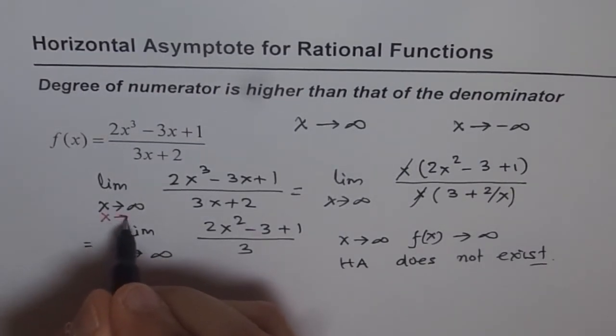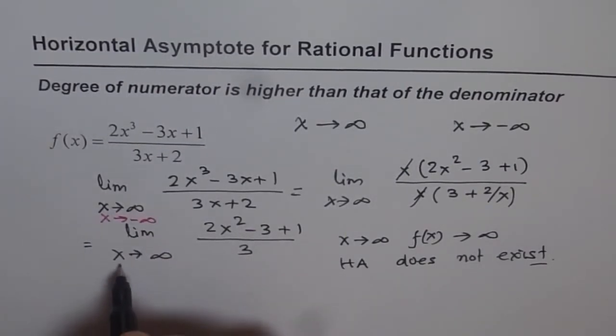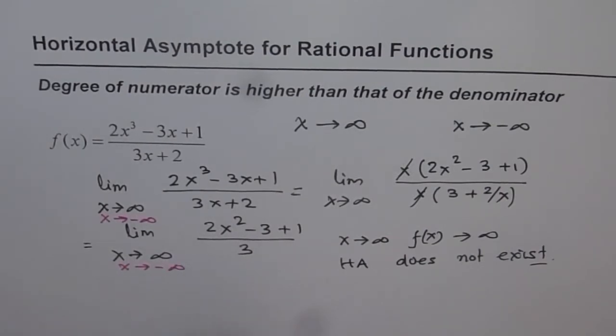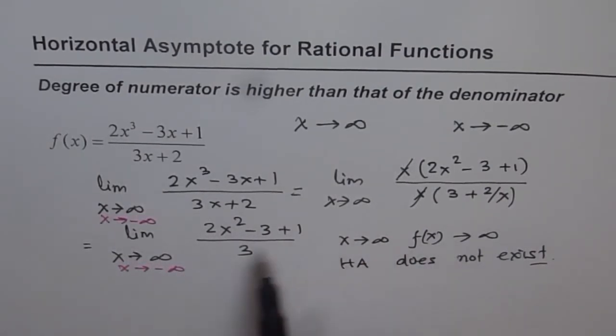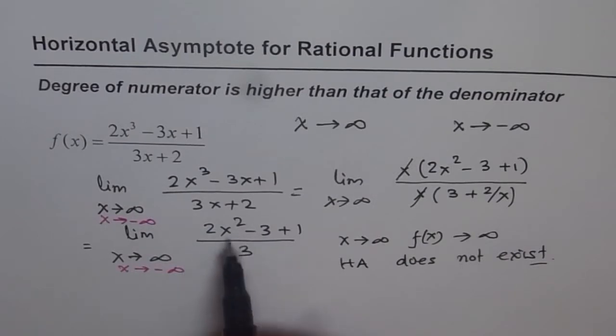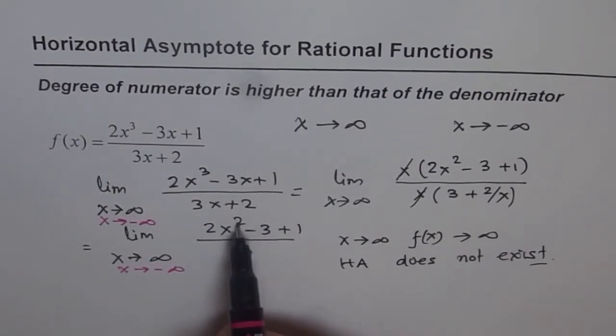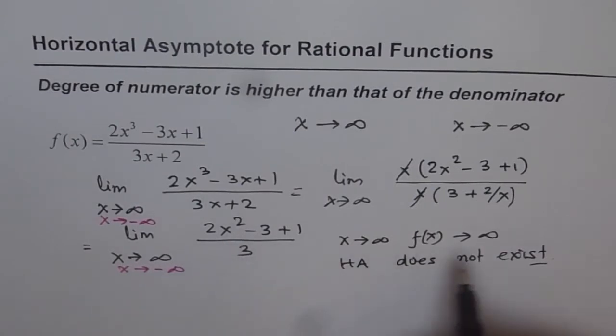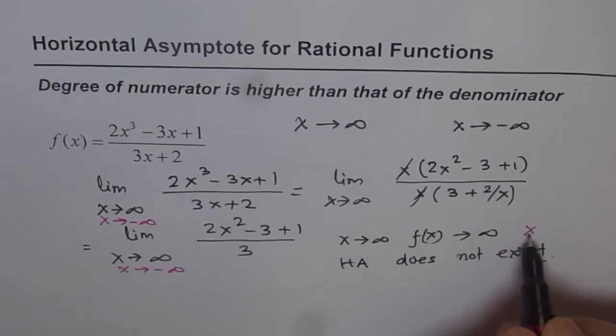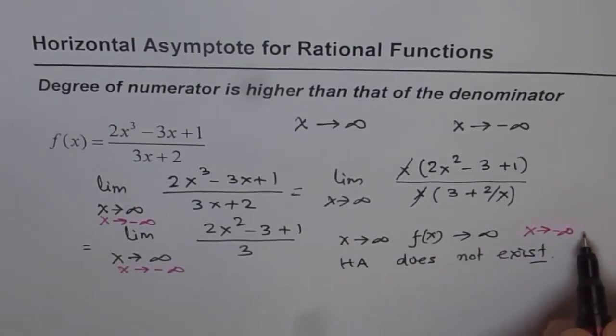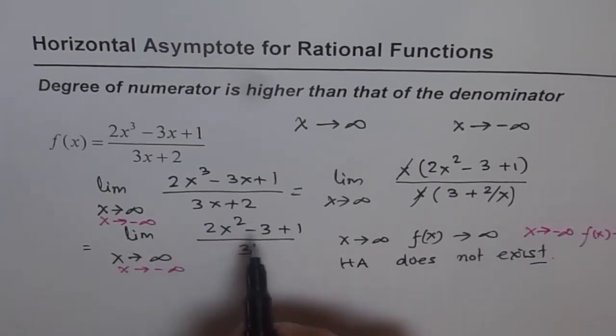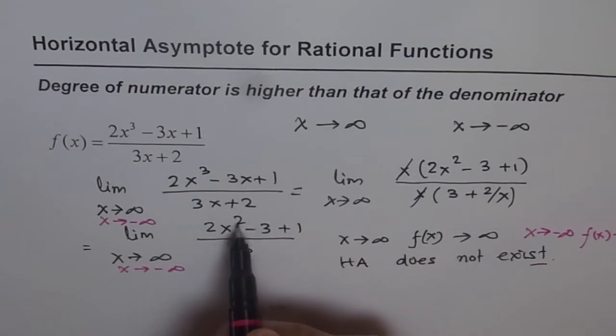That's the second case. In that case the function will also approach, since it is x squared, plus infinity again. So if x approaches minus infinity, f of x approaches plus infinity, since we have an x squared term.